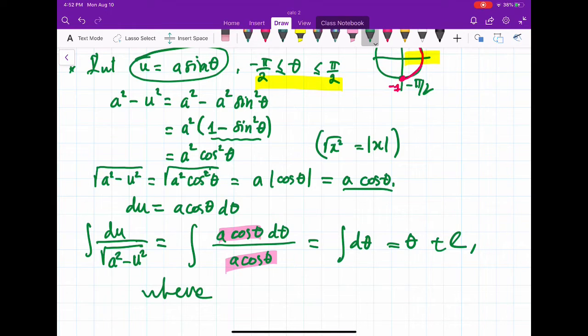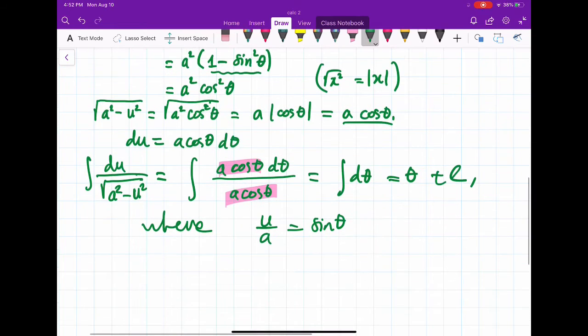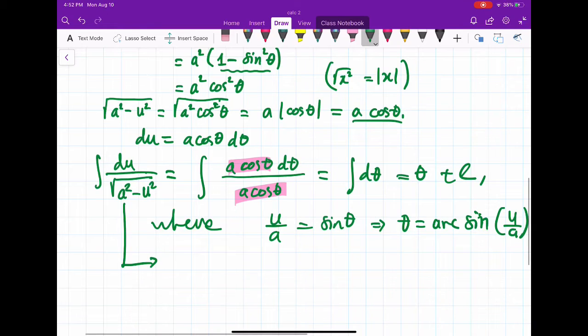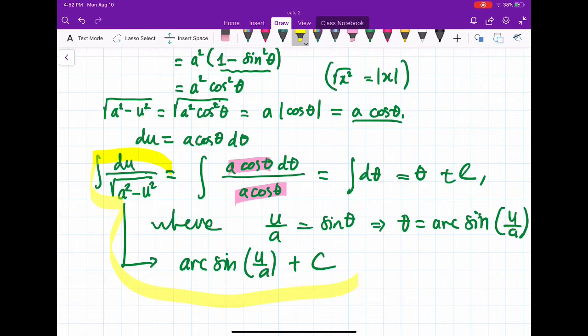From the substitution, we have u over a equal to sine of theta. And then from here, theta is equal to arc sine of u over a. So that's why this integral is equal to arc sine of u over a plus c. That's how we can prove this formula.